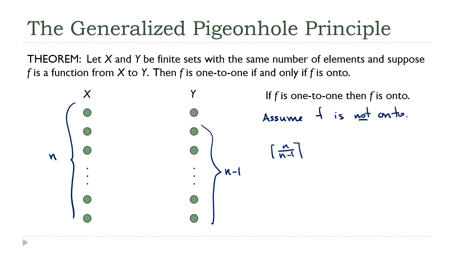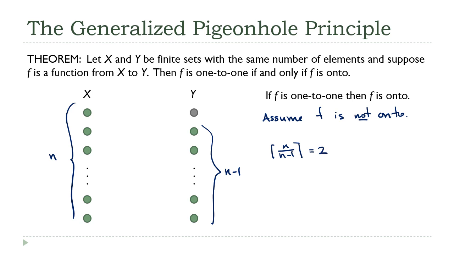And n minus 1 obviously is smaller than n. So I don't know exactly what this number is, but I know that it's going to be greater than 1 and less than 2, which means this ceiling is going to be 2.